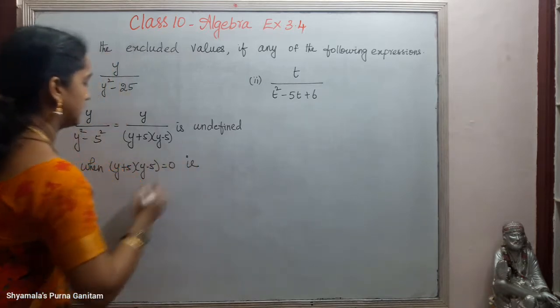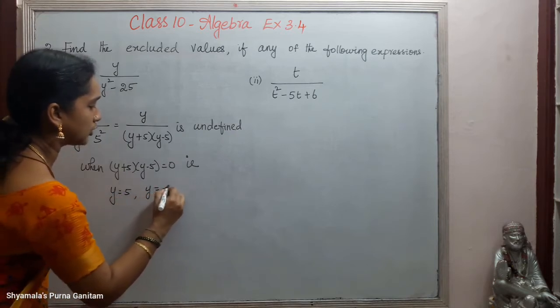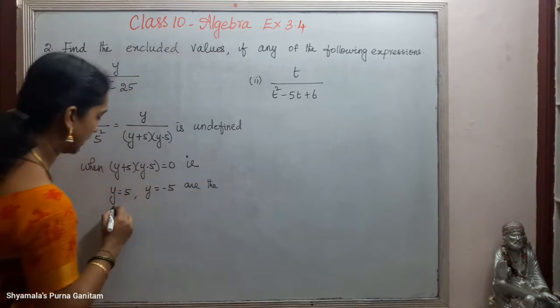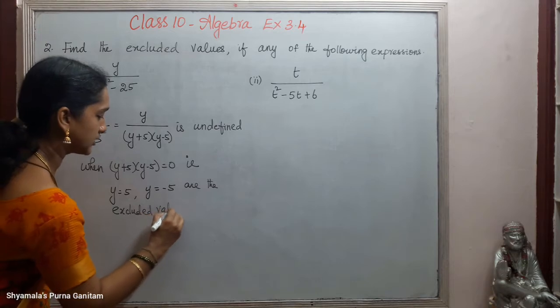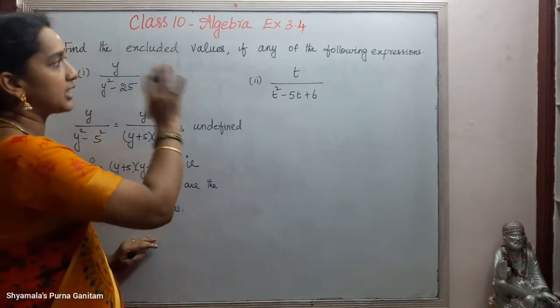That is, y is equal to 5 and y is equal to minus 5 are the excluded values. This is what we are asked to find.